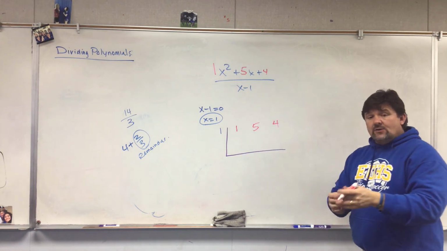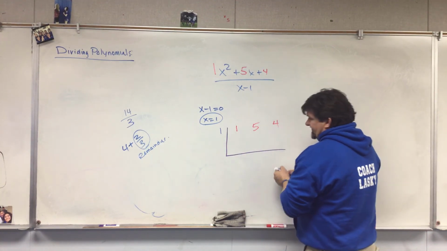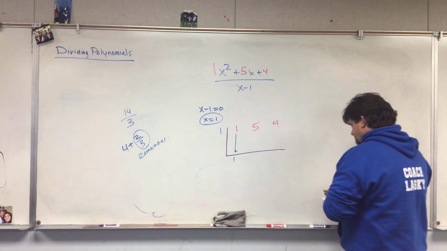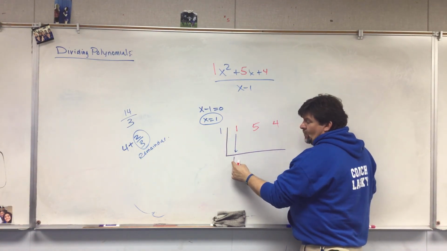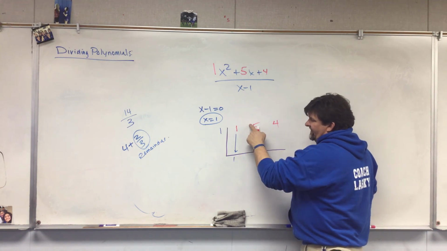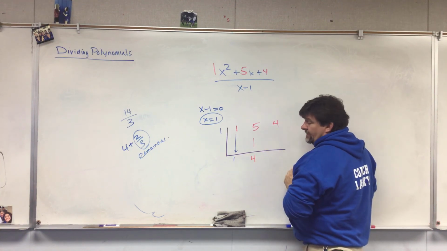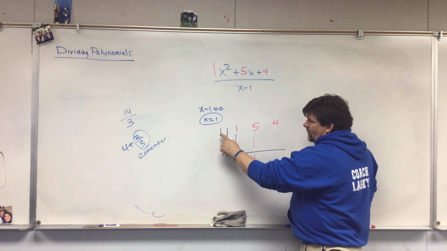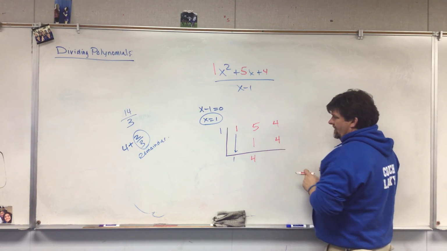Now, you may have to rewind this to kind of see what I did. This one here always comes straight down and becomes a 1. 1 times 1 is 1. 5 subtract 1 is 4. 1 times 4 is 4.